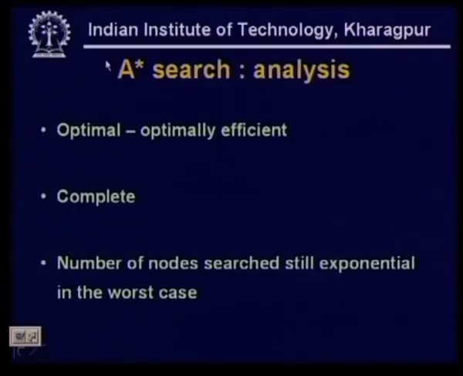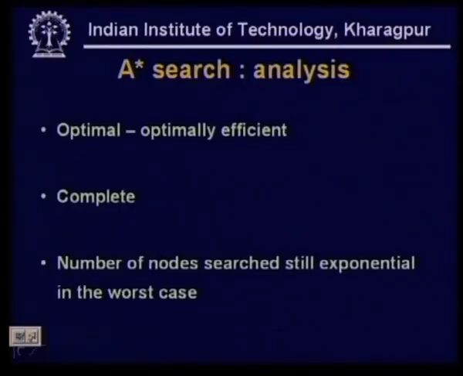Now, in the last class we have done an analysis of the algorithm A star, and we have seen that A star is an optimum algorithm. That is, if there is a path from the start state to the goal state, then A star is guaranteed to find an optimum path to the goal node.